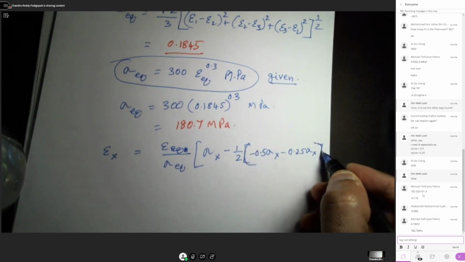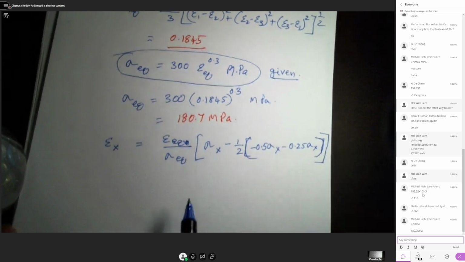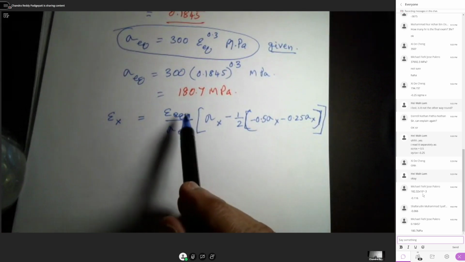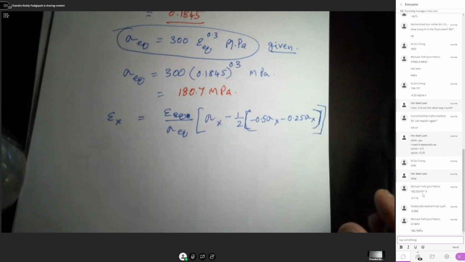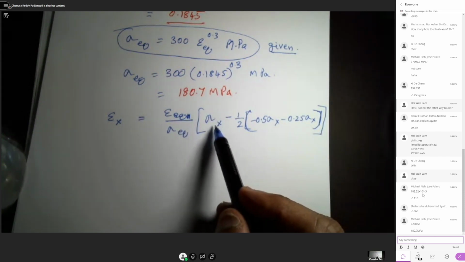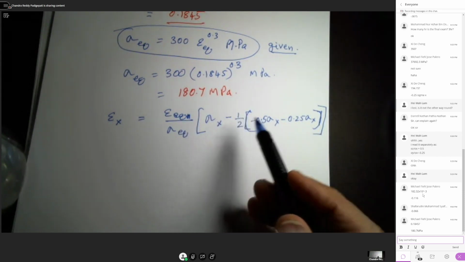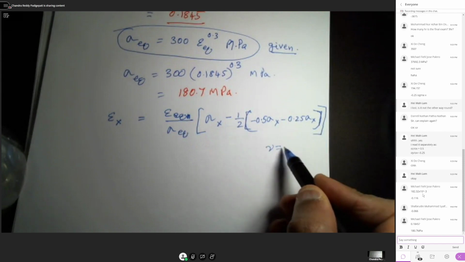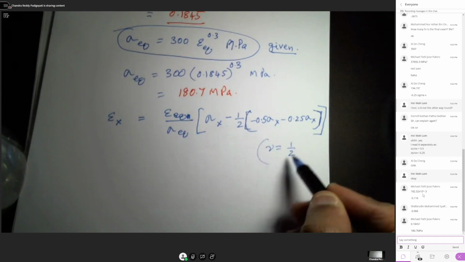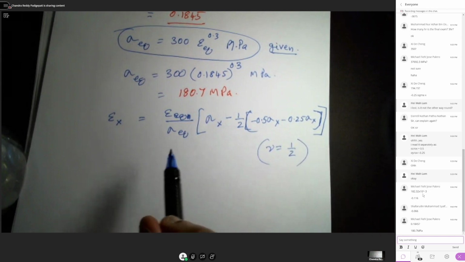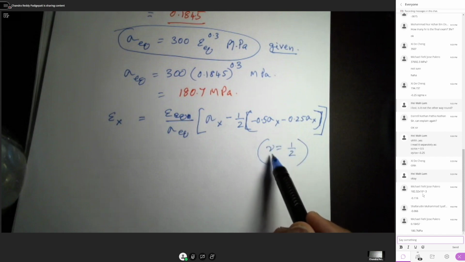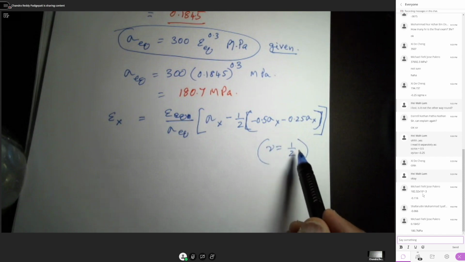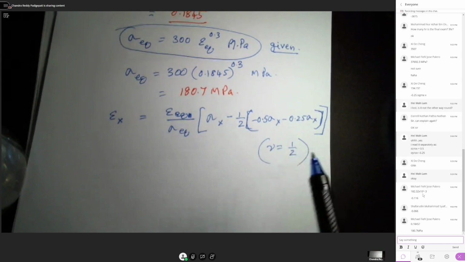For plastic deformation for most metallic materials, the Poisson's ratio can be taken as 0.5 or half.